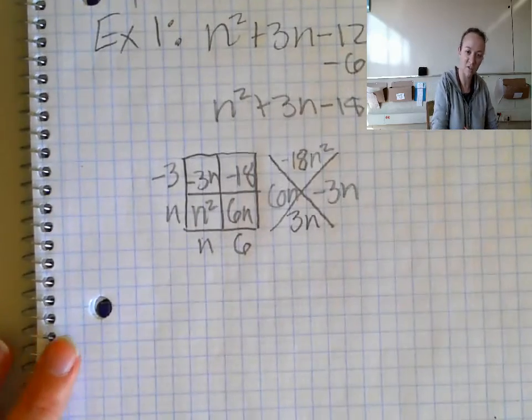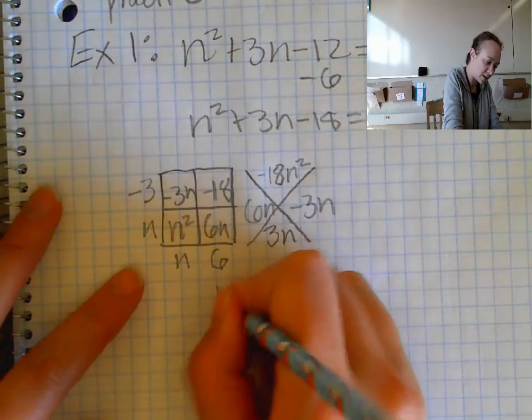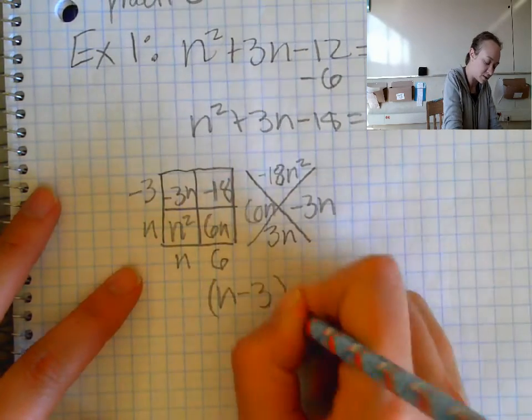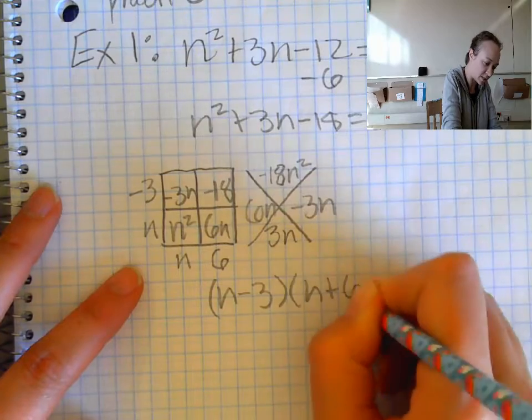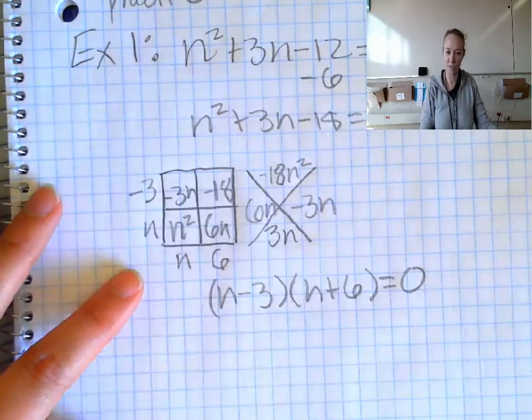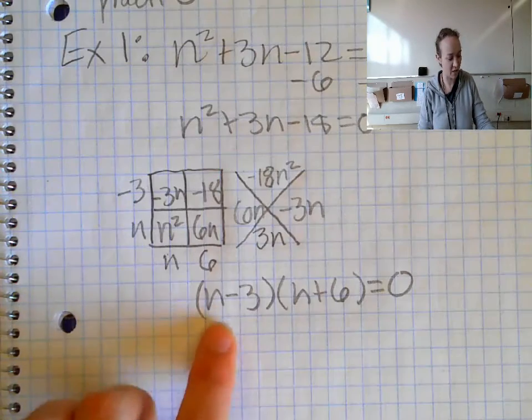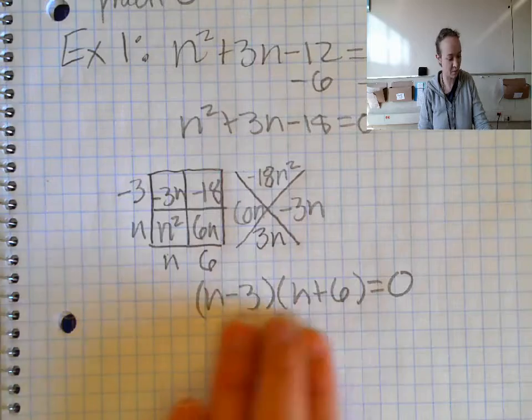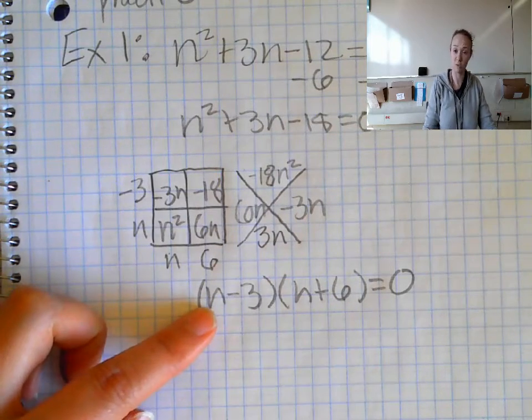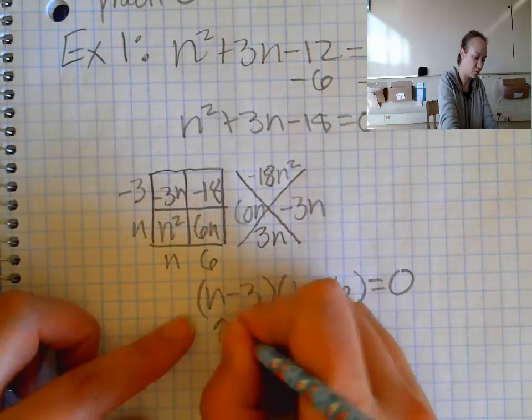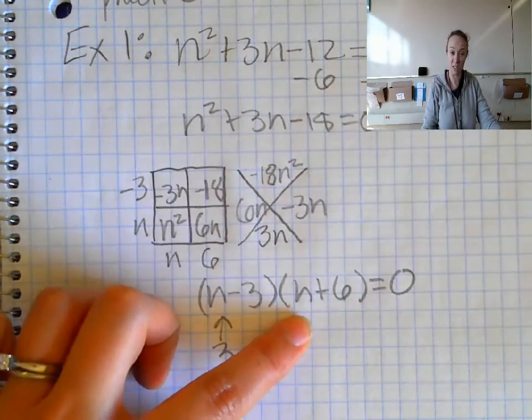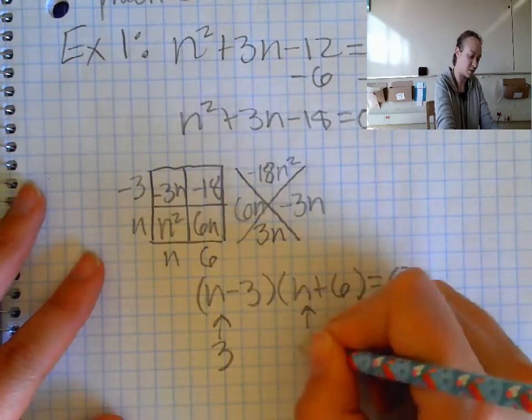So when I finished solving, I got n minus 3 times n plus 6 equals 0. I remember I'm trying to find the value that would make each part equal 0. So 3 minus 3 equals 0. And negative 6 plus 6 equals 0.